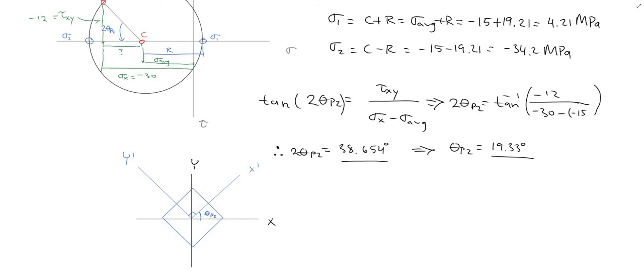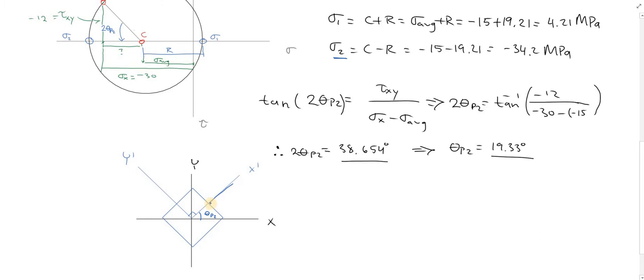Then I go ahead and put in my principal stresses. So again, principal stress 2 is the one that is related to my x-axis and its transformation. So negative 34.2.